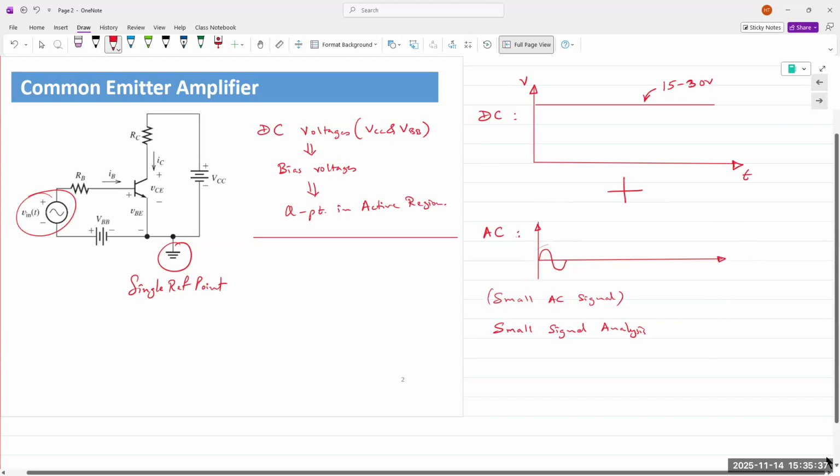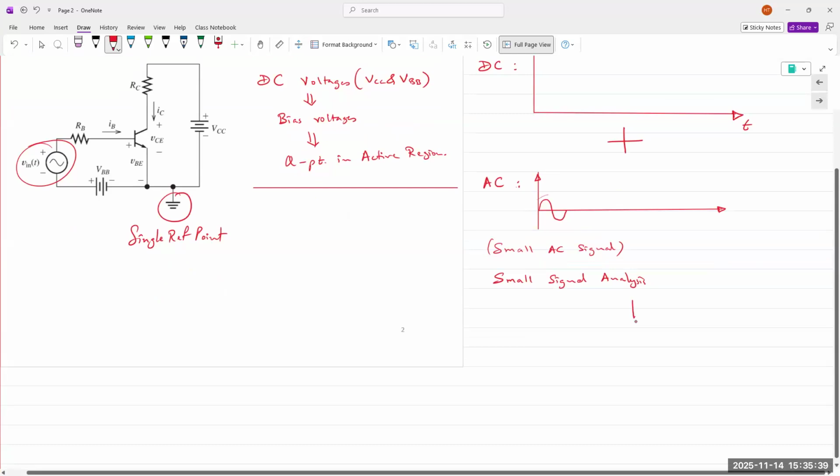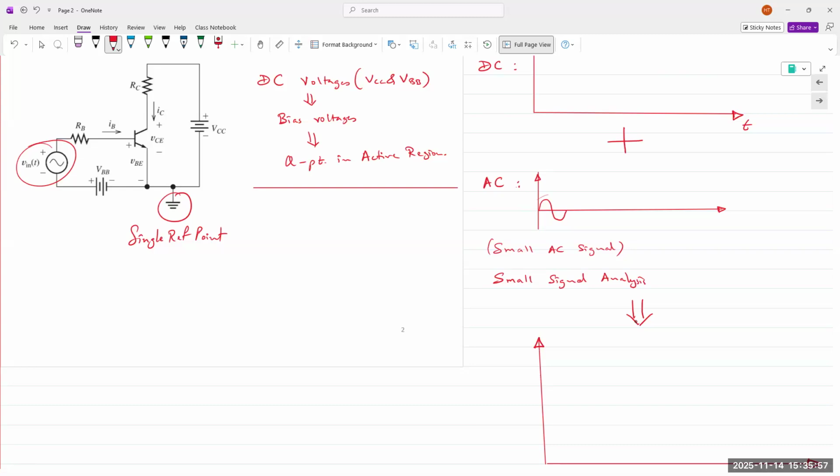So the output is this. The answer to your question is no, it doesn't represent both. It's just representing whatever biasing is on the output side of the circuit.